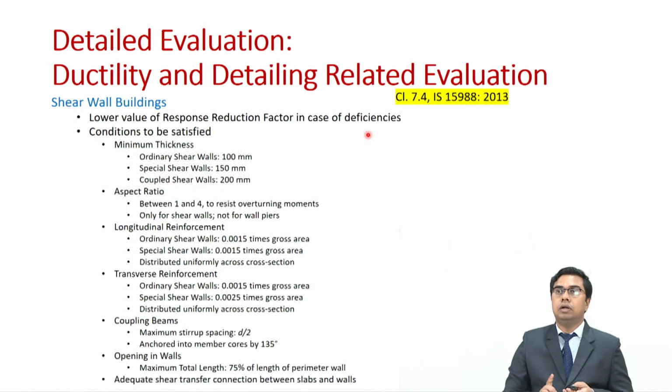Now, our code IS 15988 does not give information about how much the response reduction factor is to be lowered. Maybe in further versions of the code that should be added, but that can be obtained using specialist literature.